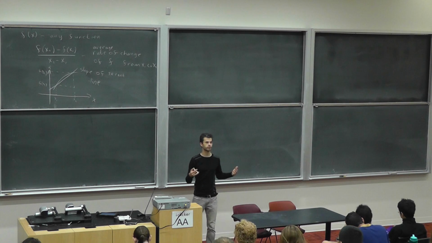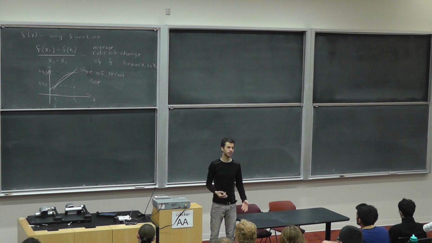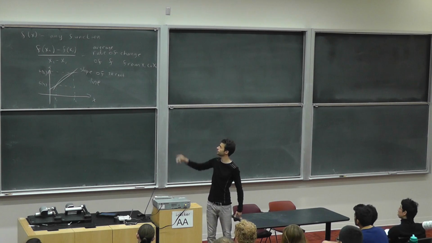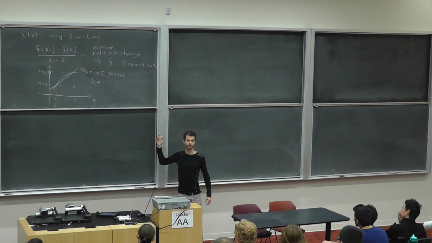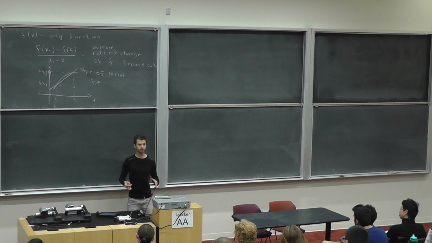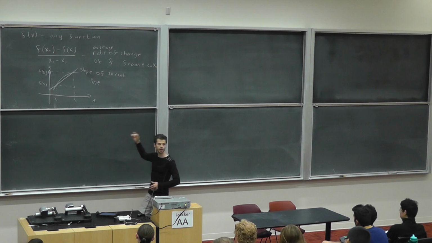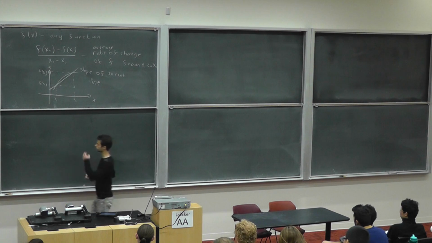It could be, I don't know, population on Earth, and x is time, then this would be the average rate of change of population of Earth with respect to time. So for any function, we can form such a quotient, and we can assign this meaning to such a quotient.